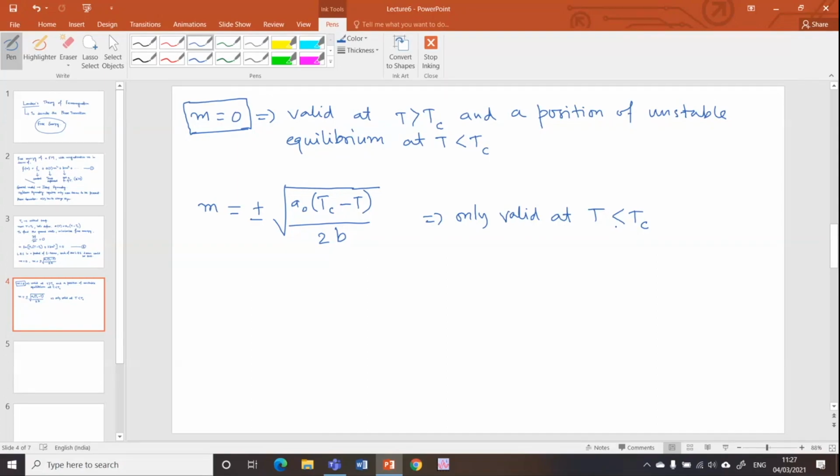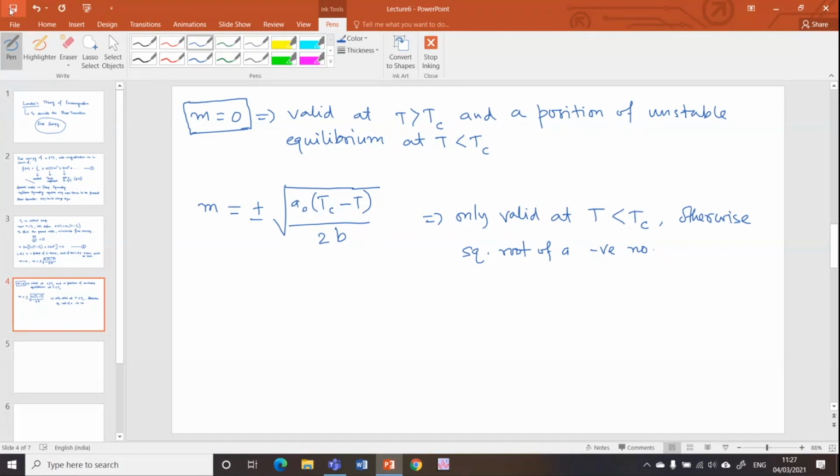Yes, sir. The under root term will be negative, so it will be complex. Yeah, so it will be an imaginary number. Otherwise, we have to deal with the square root of a negative number.